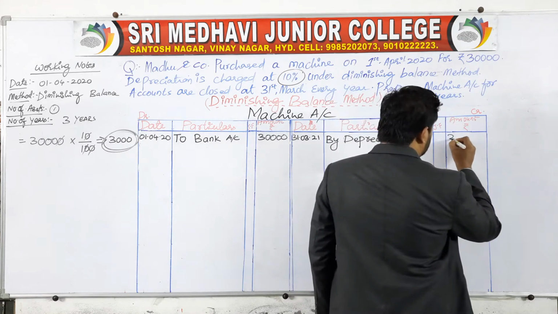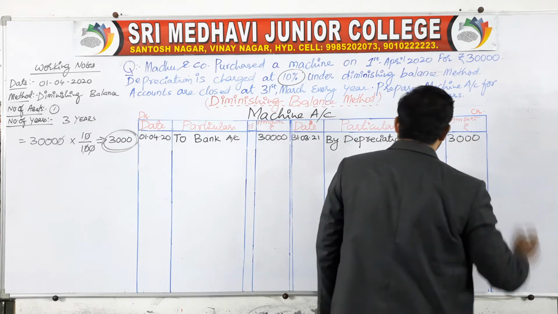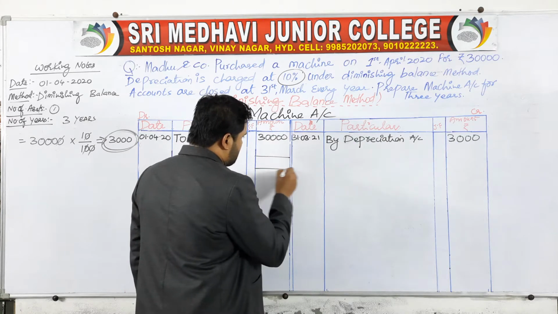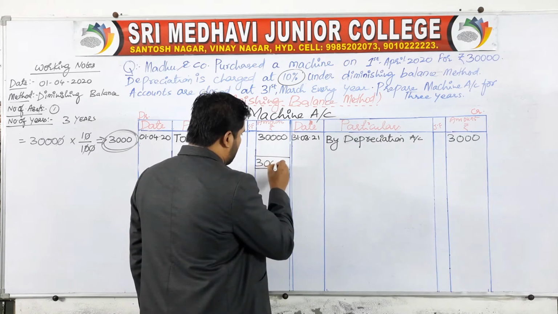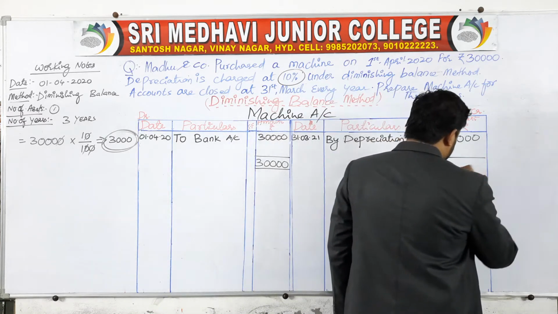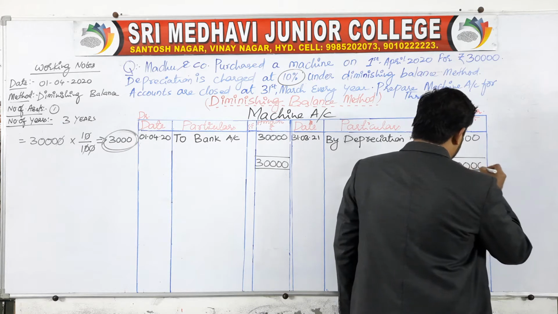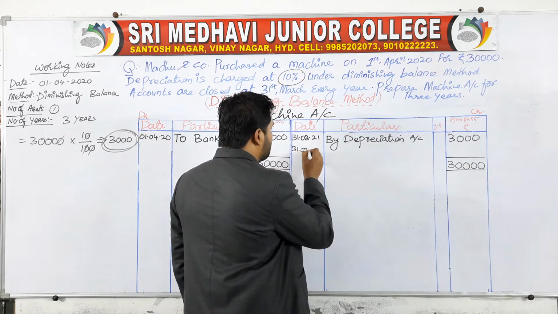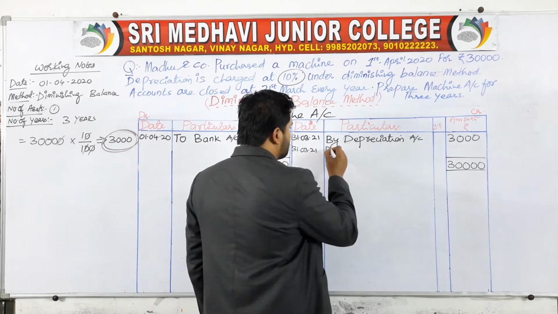By depreciation account 3,000, so you need to go for balancing again. 30,000. What is the balance carried down on 31st March 2021?